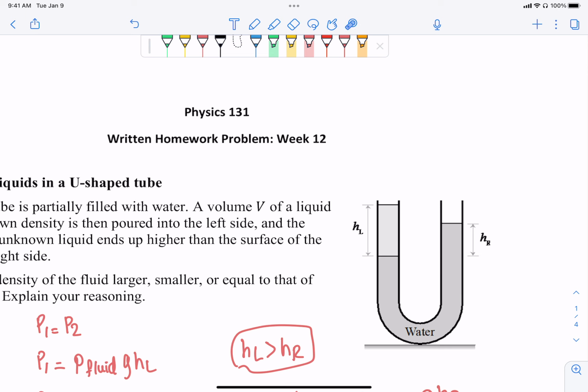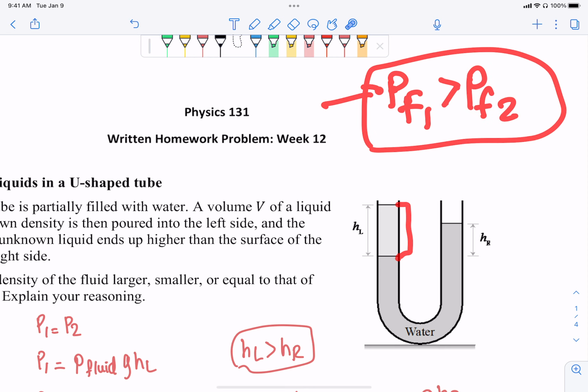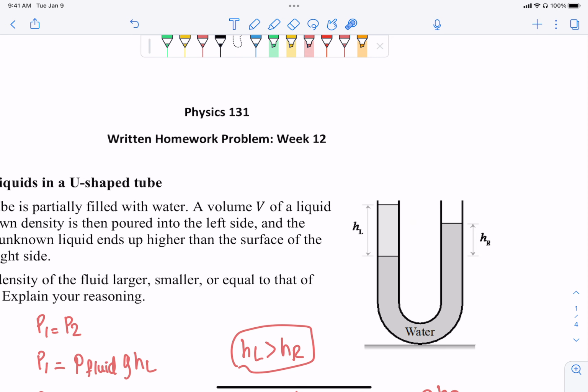I add this certain amount, right? This is my first amount that I'm adding, so it has a density. So I'll say P fluid 1 is greater than P fluid 2, right? So this is the first amount I added, and this is the second amount I added. So this was the 500, and this was the 400, kilograms per meter cubed. So if I add this certain amount right here to this definite amount of water, it's going to push it up a specific height.